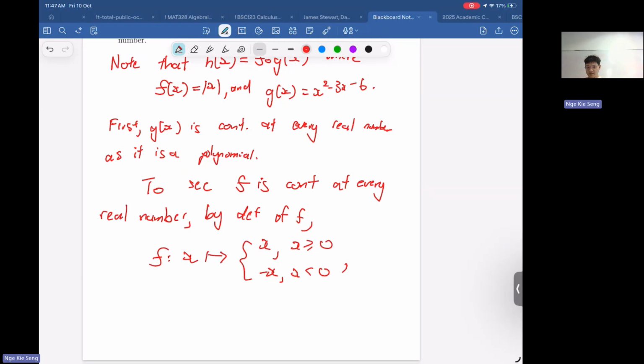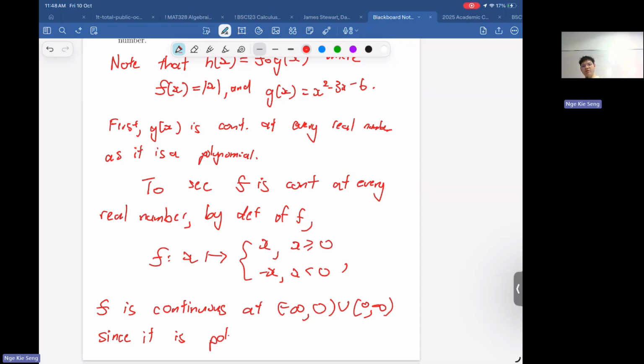So since f is just a polynomial at these two regions, minus infinity to 0 and 0 to infinity, then we will say that it is continuous there, because it is just a polynomial. So the point you really need to check is where they connect.